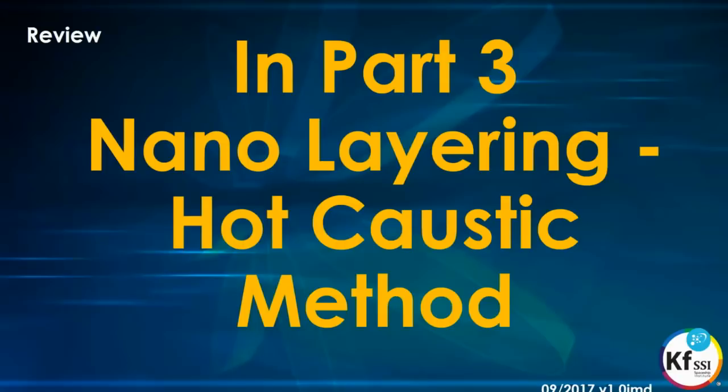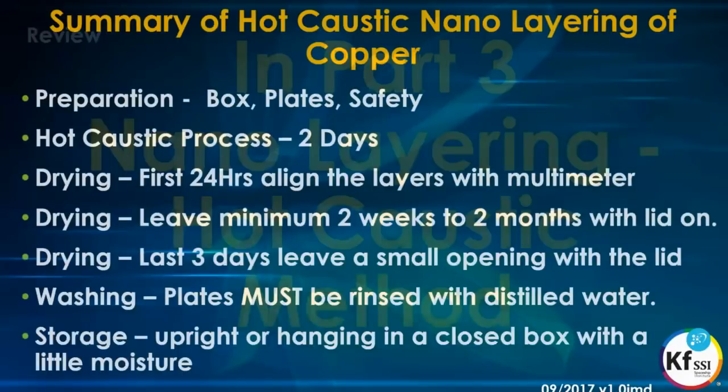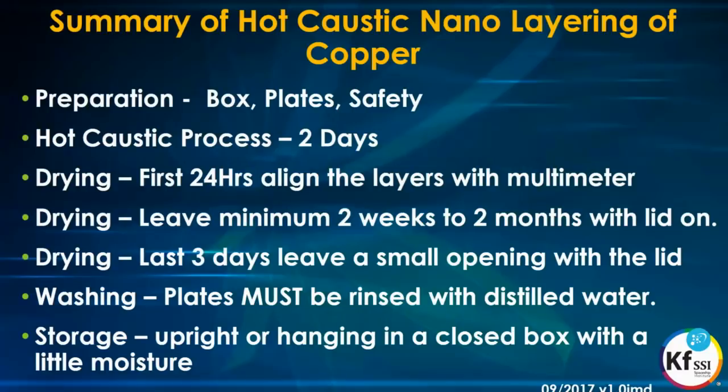So today we're going to go into another method, just to refresh our memories on what that method was all about. It was a hot caustic process where you're putting your plates into hot caustic, going through the drying stage and aligning your layers, and leaving it there for two weeks to 2 months.